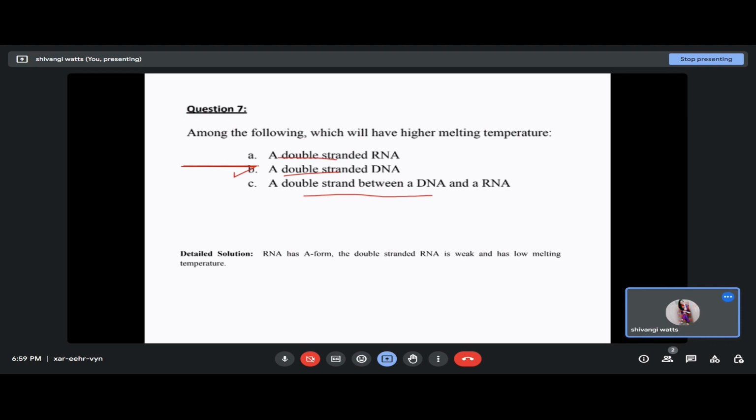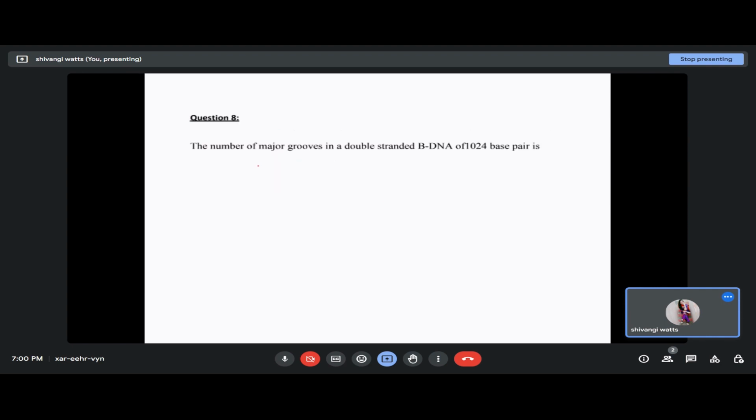The melting temperature is the temperature at which 50% of double-stranded DNA is converted into single-stranded DNA, or we can say that 50% of double-stranded DNA will be denatured. That is called the melting temperature of DNA.